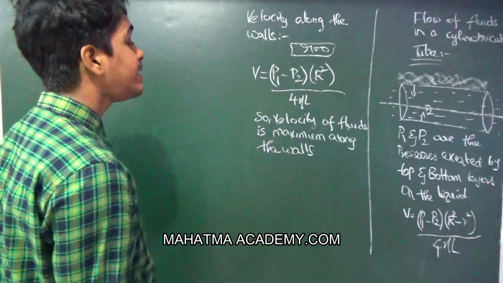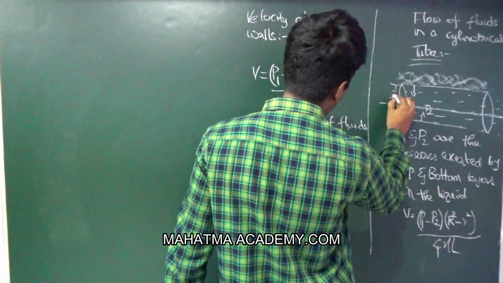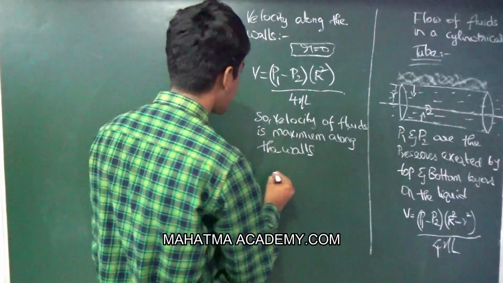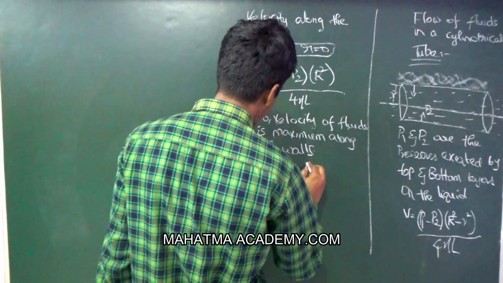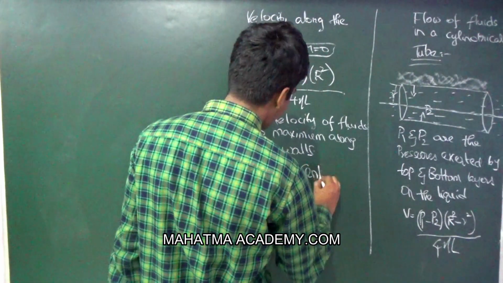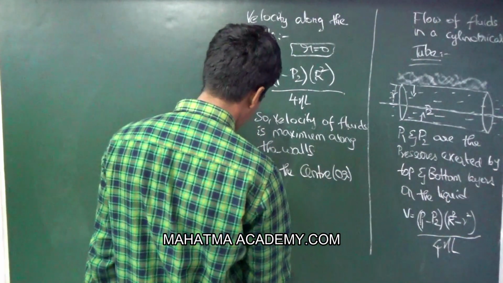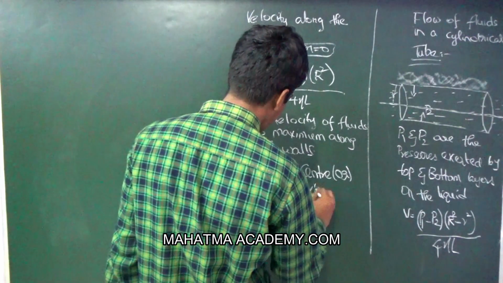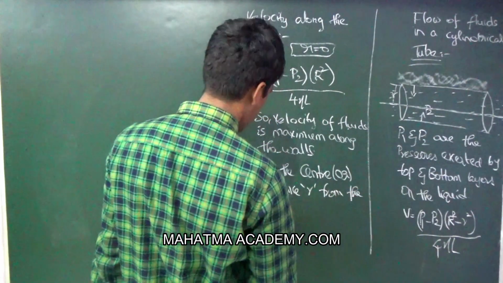Now we will see what the velocity is at the center, at distance R from the walls.